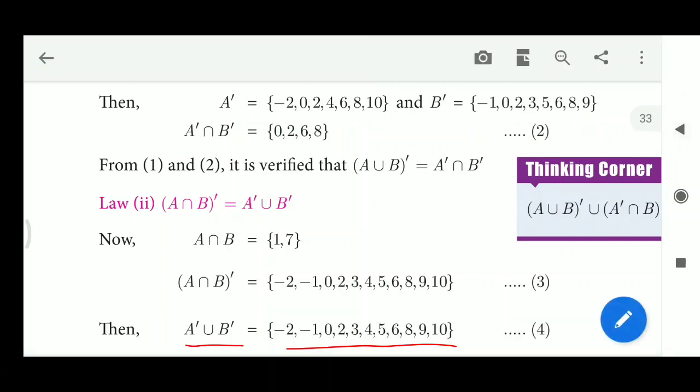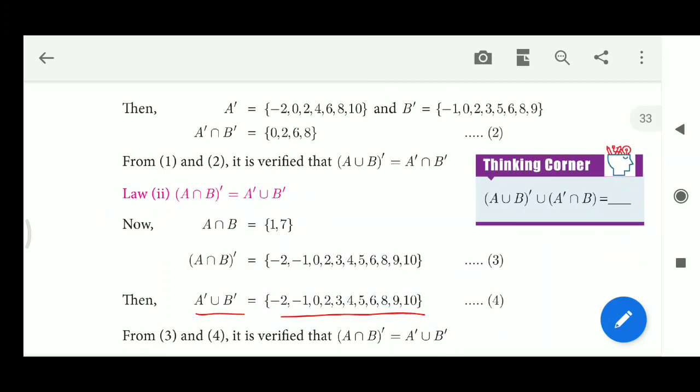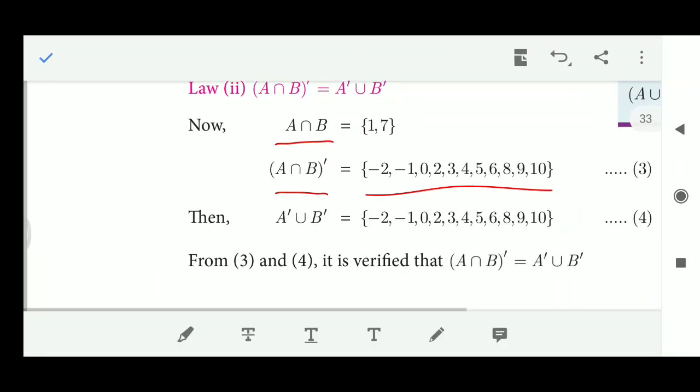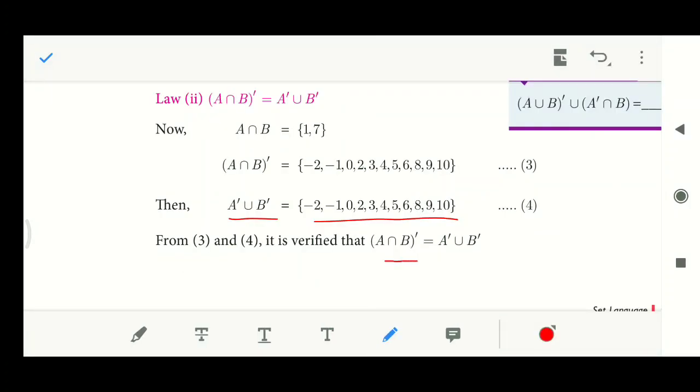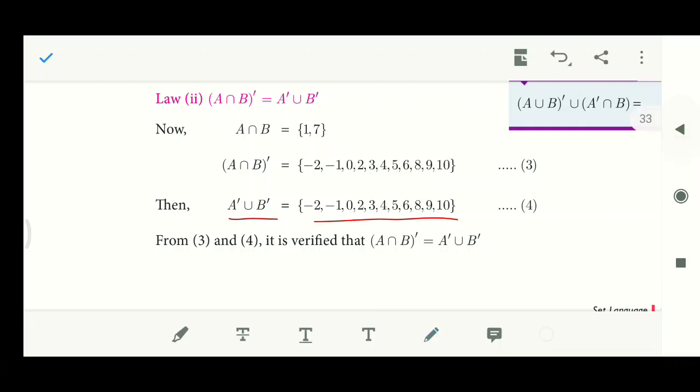If you take the union of those two sets, we get -2, -1, 0, 2, 3, 4, 5, 6, 8, 9 and 10. So from these two results 3 and 4, we verified that A intersection B whole dash is equal to A dash union B dash.